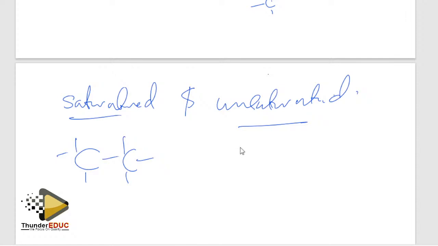What about unsaturated compounds? These are compounds which have double or triple bonds between carbon atoms. Don't say double or triple bond without saying between 2 carbon atoms. If the double bond is in a ketone, for example, but there is a single bond throughout between the carbons, this compound is a saturated compound.